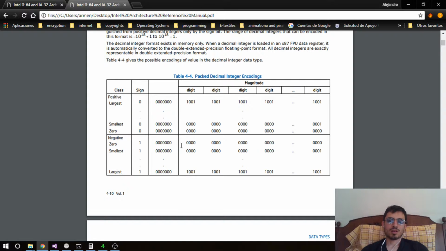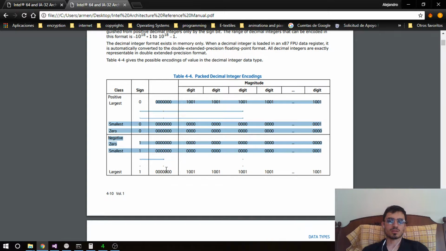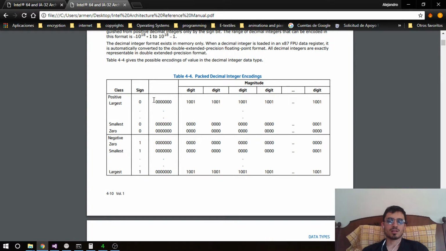We have 2 zeros again. So these are the bits that are not touched at all, and these are the digits, and the digits are basically packed.